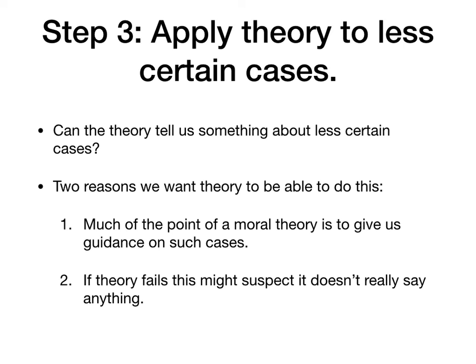If you say something has a dormitive virtue, you mean it puts people to sleep. So medieval scientists, they said these fancy things, but what they were really saying was, this puts people to sleep because it puts people to sleep. If a moral theory can't tell you anything about cases you're not sure about, you might suspect that what it's really doing is just saying, well, it's wrong because it's wrong, right? That it's not really enlightening us, not really saying anything.